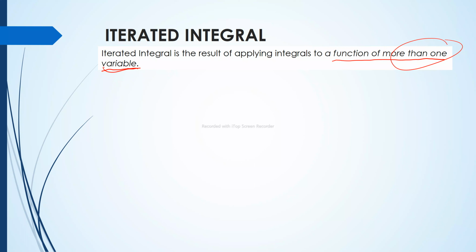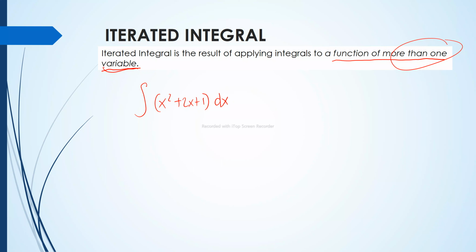In our previous discussions, if you notice, when we solve integrals, for instance the integral of x squared plus 2x plus 1 dx, there's only one variable, the variable x. Now, iterated integral happens when there is more than one variable.